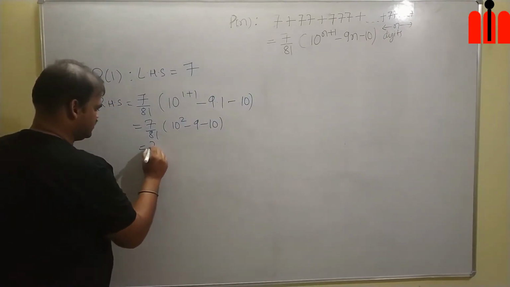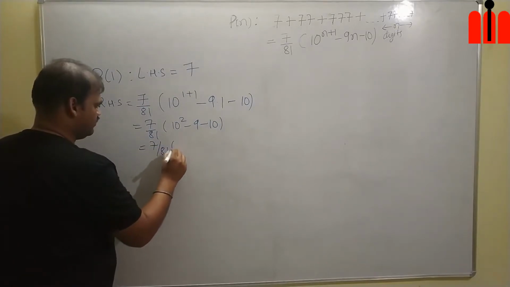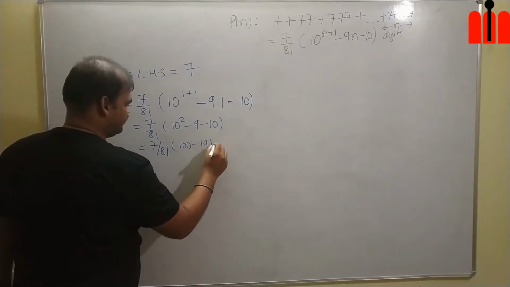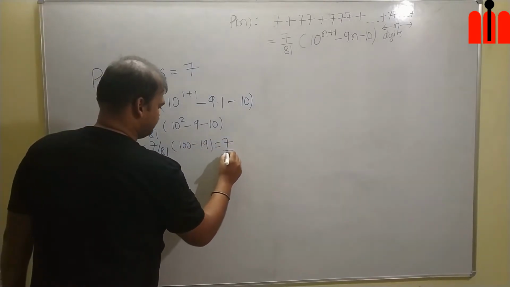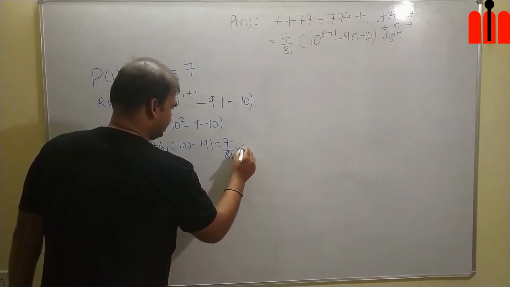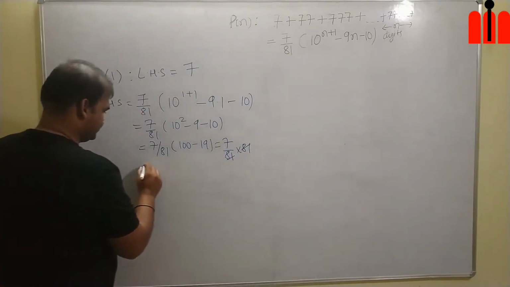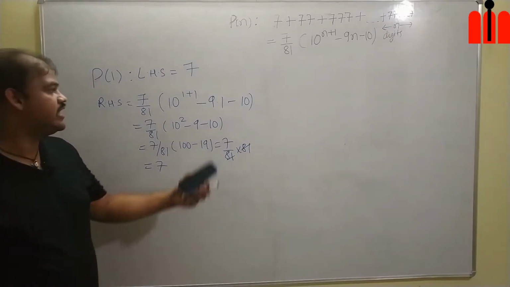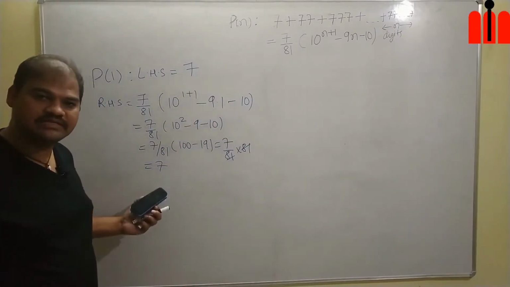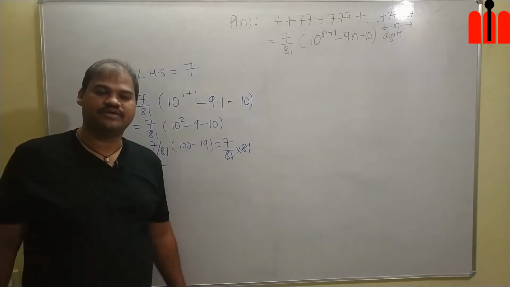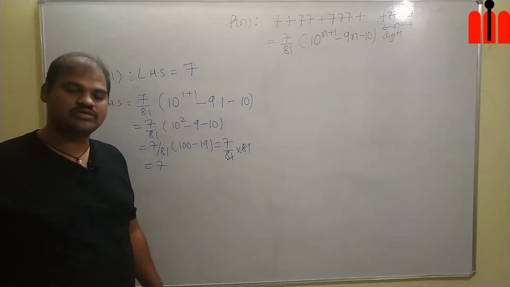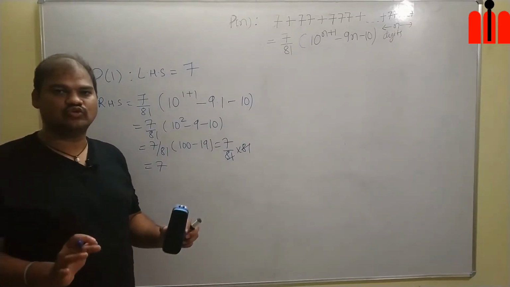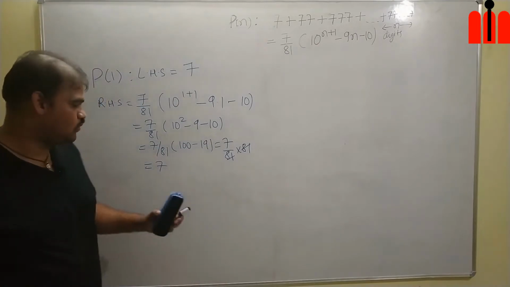This will be 7 by 81 into 100 minus 19, which will be 7 by 81 into 81. So this is equal to 7. So my LHS and RHS are both the same. This shows that my check step is true.